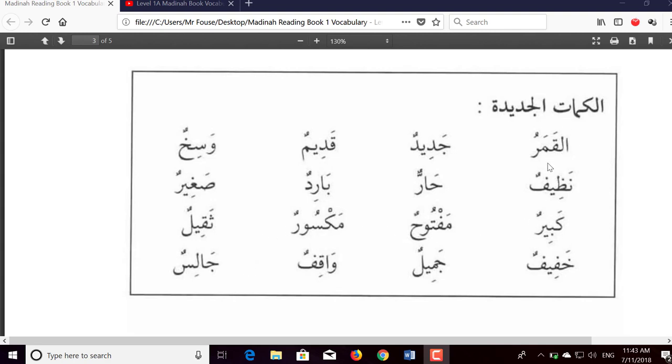The important thing to keep in mind is that some of these words have alif lam in them. When they do, we will take extra care to make sure that we pronounce that alif lam.